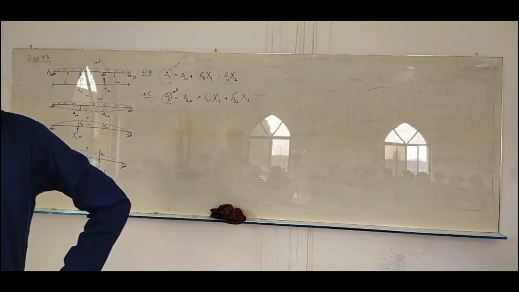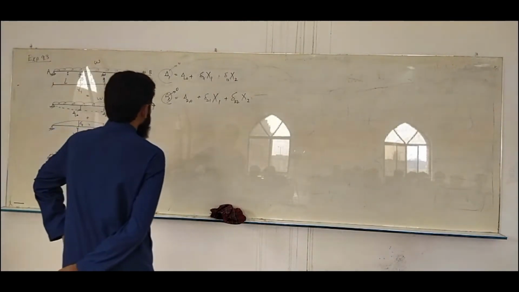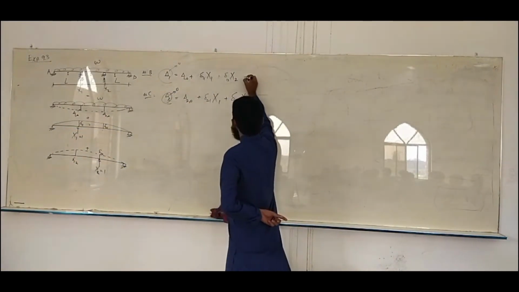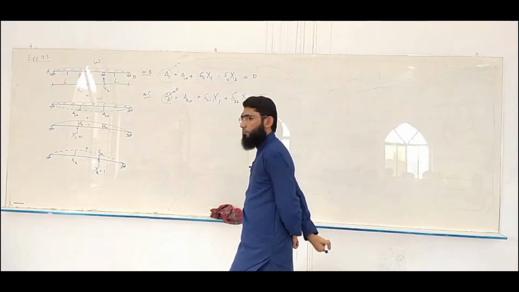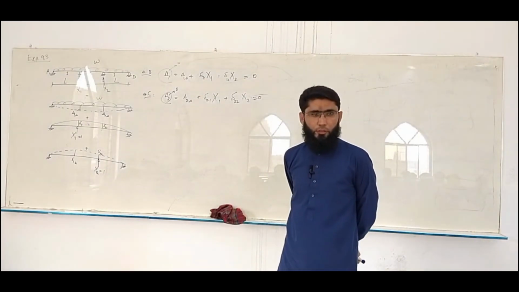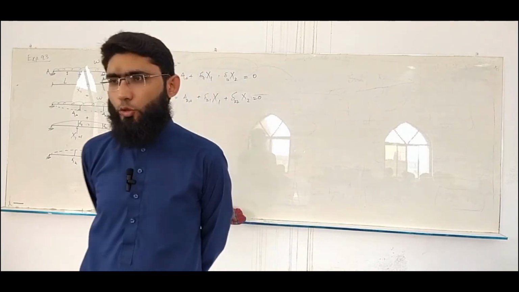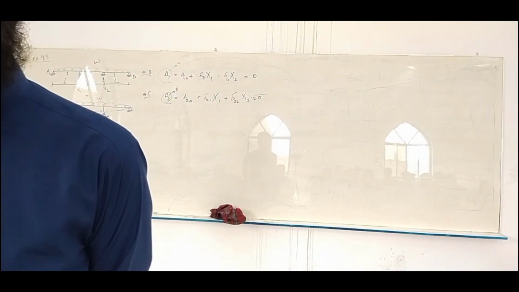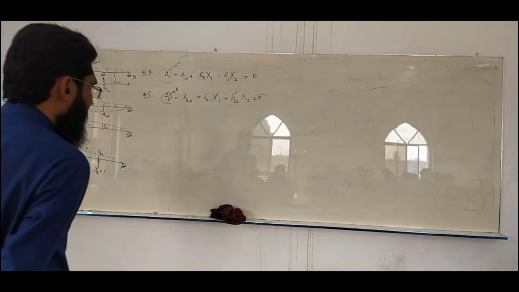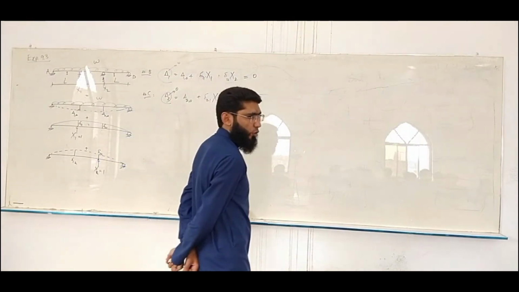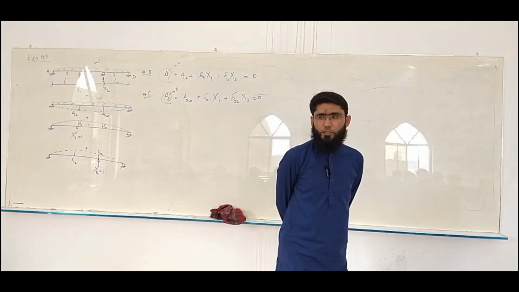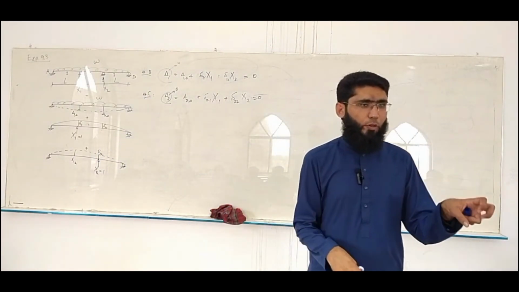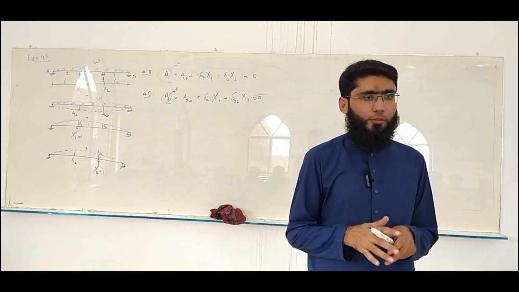So what is the strategy? You got these equations. You have got two equations, two unknowns. You need to find 6 displacements before you can come back to these equations, before you can start substituting the values.